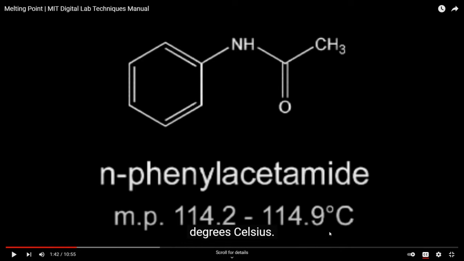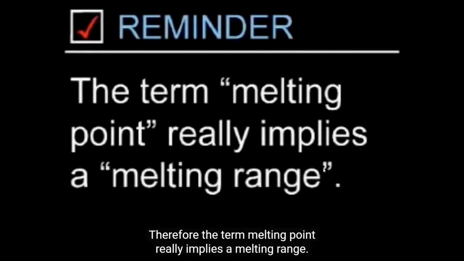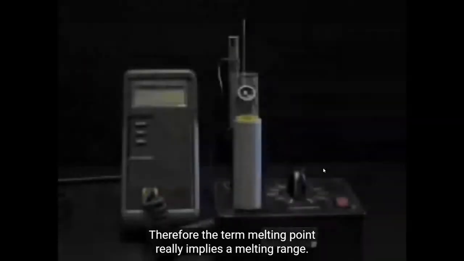But if you are doing it for the first time, though it will get better and better, it could be 3 degrees apart at first, and don't feel like you are not good enough, because most first timers easily get 2 or 3 degree ranges, Celsius. Therefore, the term melting point really implies a melting range.